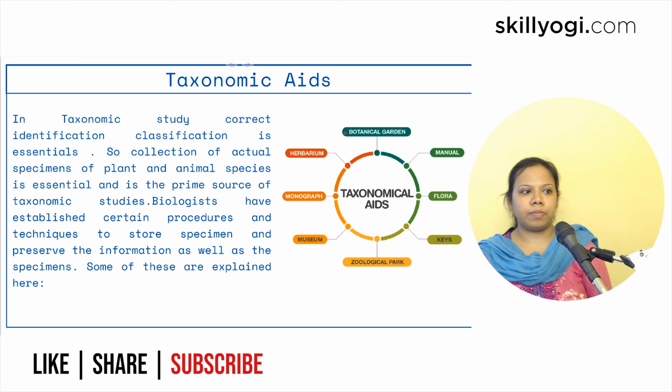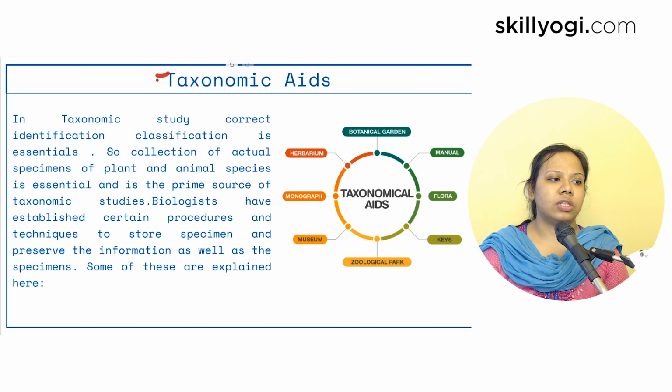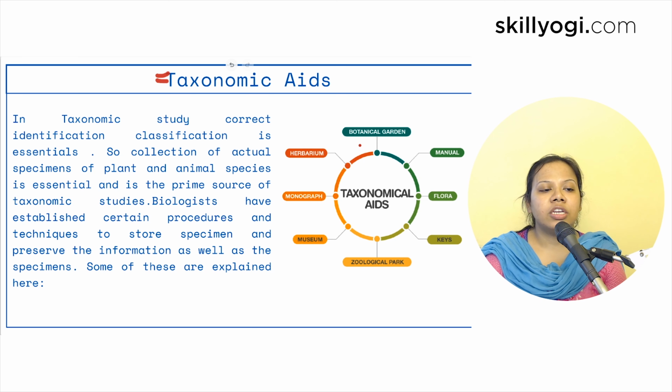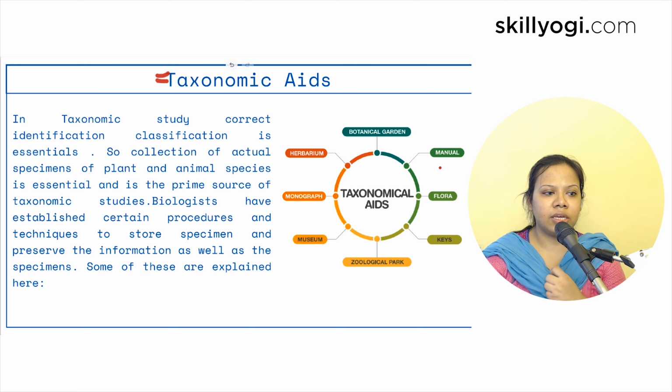The last topic of today is what are taxonomical aids. There are different types of taxonomical aids, that is botanical garden, herbarium, monograph, museum, zoological parks, keys, flora, manual. All of these are taxonomical aids.